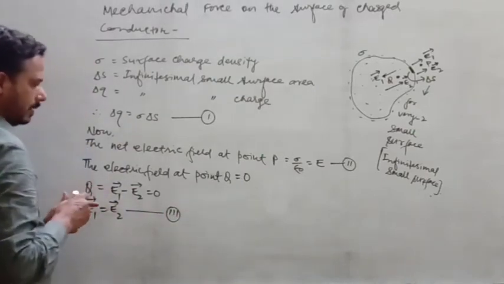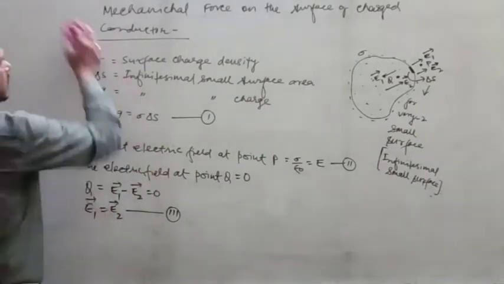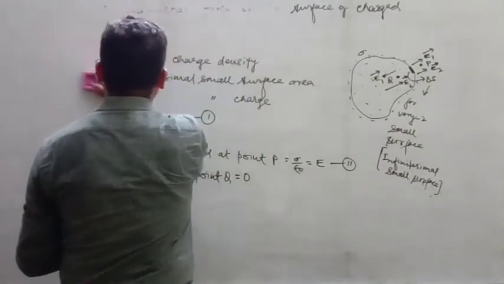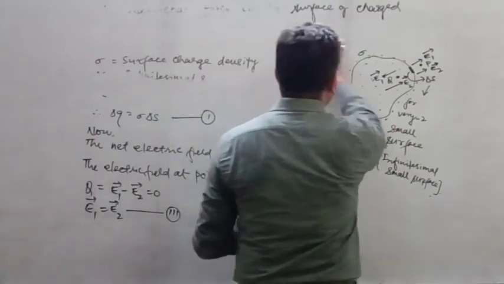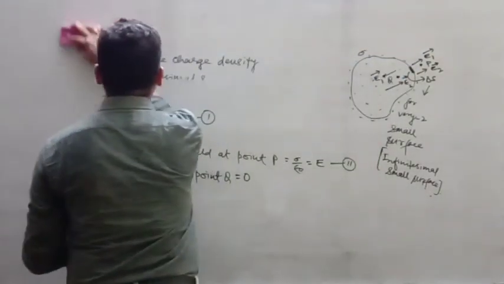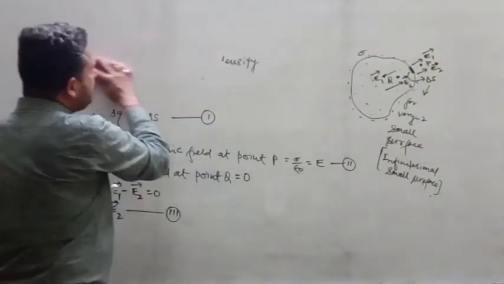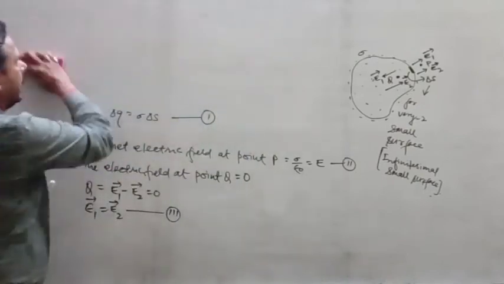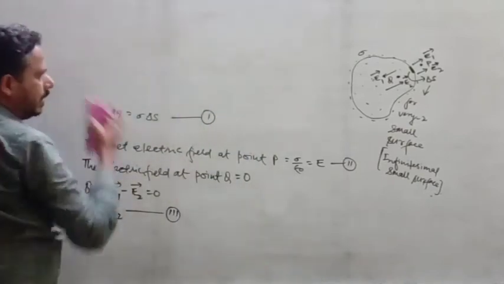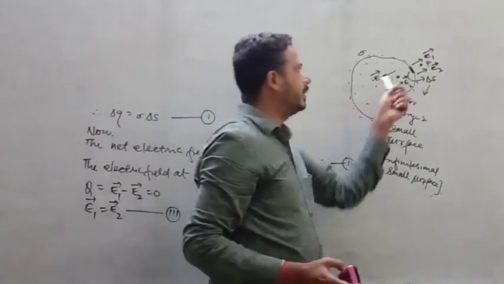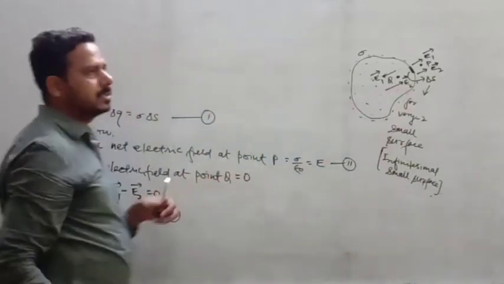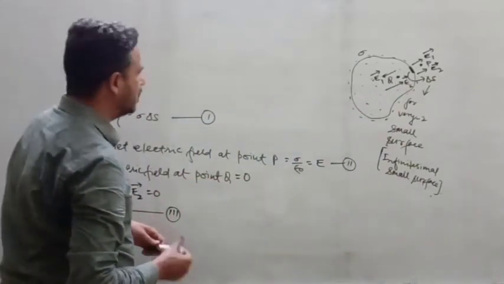So we have three equations here, but finally we have to calculate the mechanical force acting on this infinitesimal small surface delta S.